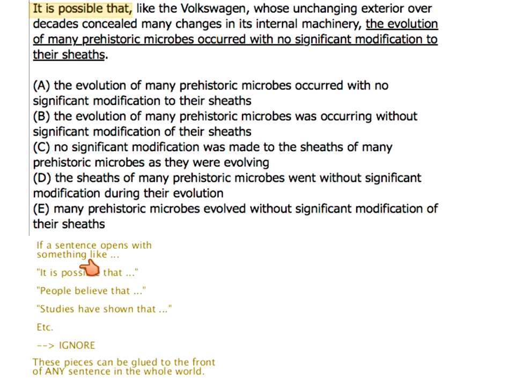For instance, it is possible that these pieces can be glued to the front of any sentence in the whole world. People believe that these pieces can be glued to the front of any sentence in the whole world. Studies have shown that these pieces can be glued to the front of any sentence in the whole world. So those parts, you honestly just don't care. You should still think about the meaning of them and whether, like, the word "possible" is interacting with other things.